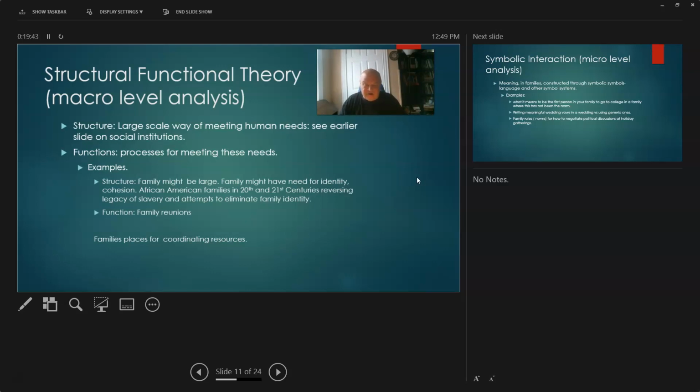That would be structure. In terms of a lot of African American communities and how families are embedded, there are family reunions that are salient institutional arrangements. It's grounded in history. It reverses this legacy of slavery and attempts to eliminate family identity.